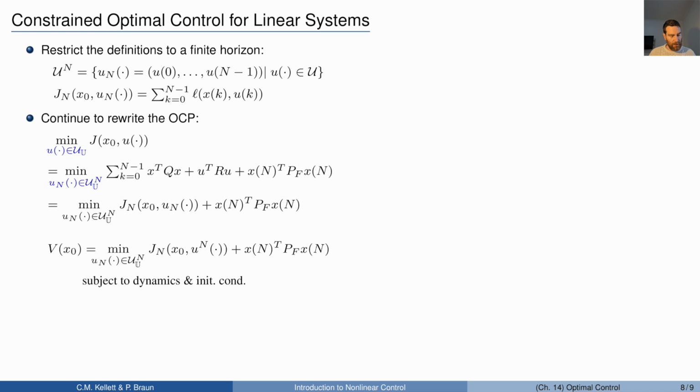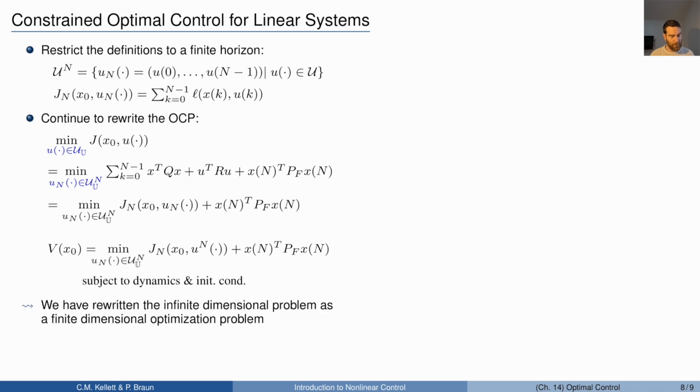So in particular, instead of the original optimization problem, we can look at this optimal control problem down here, where we have rewritten the infinite dimensional optimization problem into a finite dimensional optimization problem.